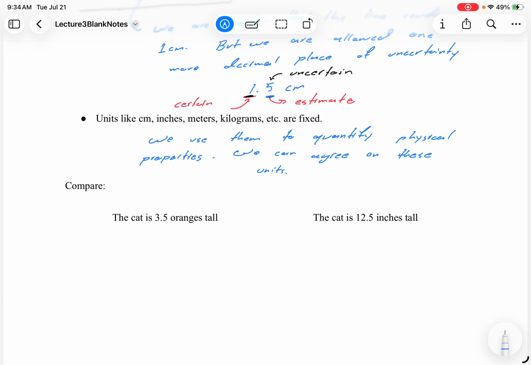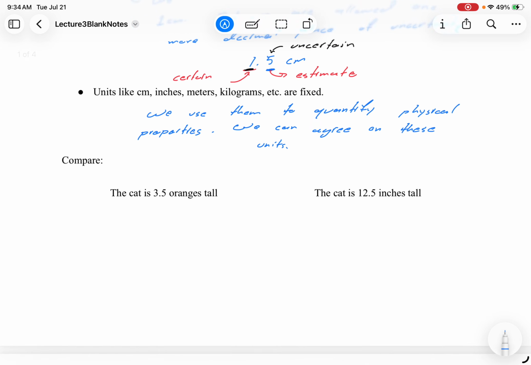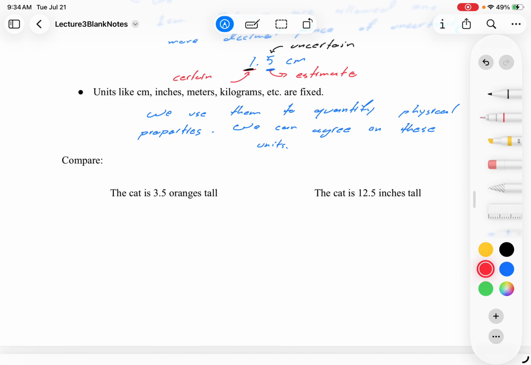So we have a comparison here to do. I'm going to compare what I said, this last thing, to where it says compare. We're just going to see this statement in action. Assume that we measure a cat from its head to its toe.